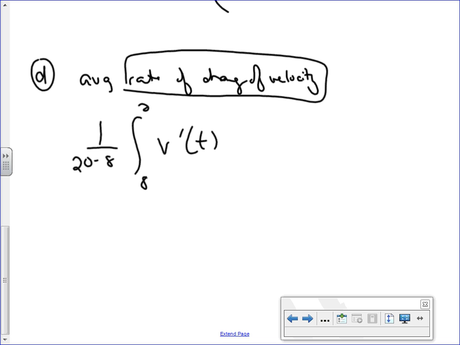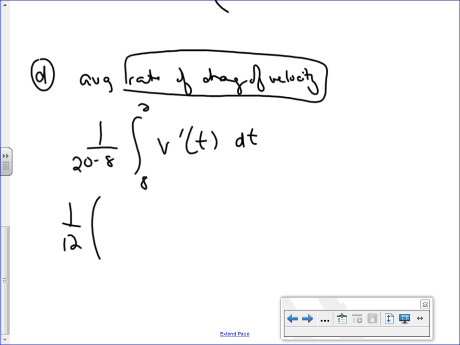That's a tricky little thing. You have to watch out for that language, okay? You could have put a there if you wanted to. Okay, so then you go, how the heck am I supposed to find that out? Well, if I take the antiderivative of the derivative, what do I get? v. Yes?